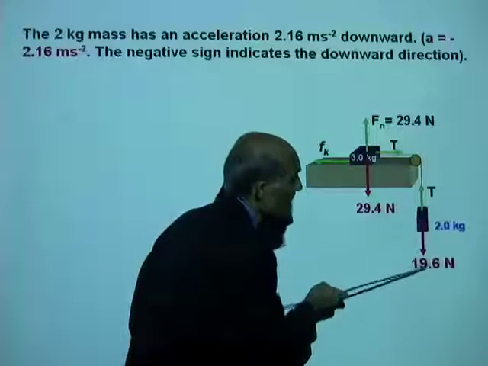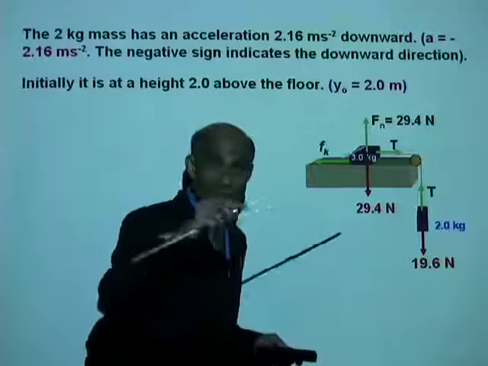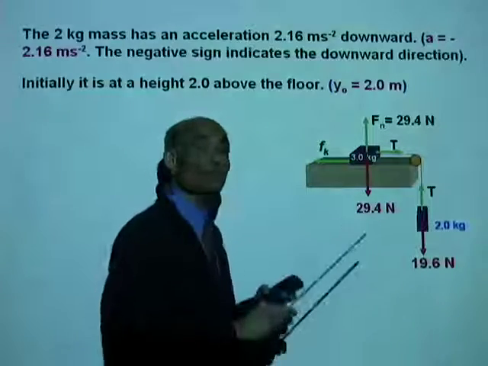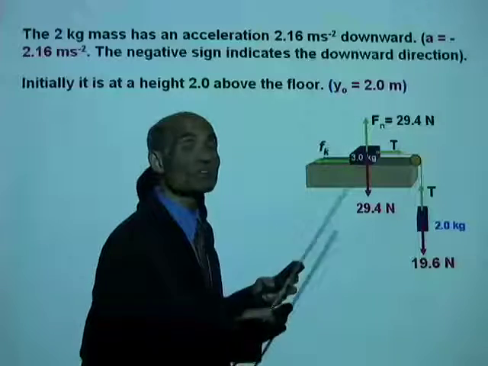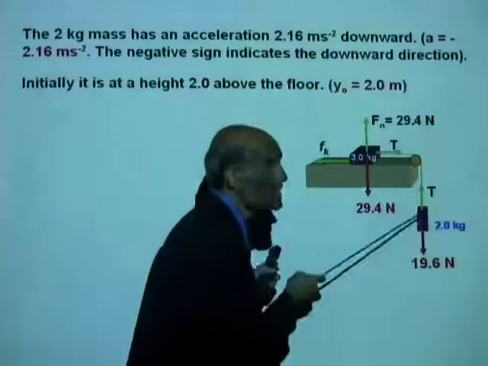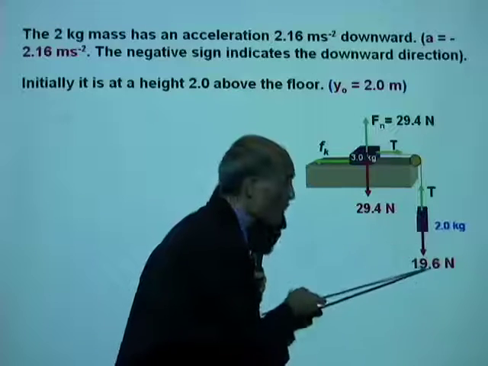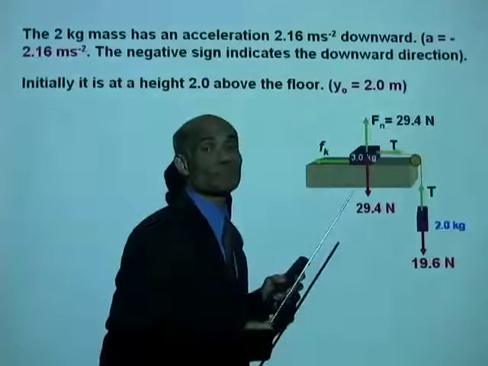We need to find the time taken for it to fall through a height of 2 meters. I haven't carried the whole of that question, so you need to go back and refer to that question. We need to find the time taken by this mass to fall through a height of 2 meters.